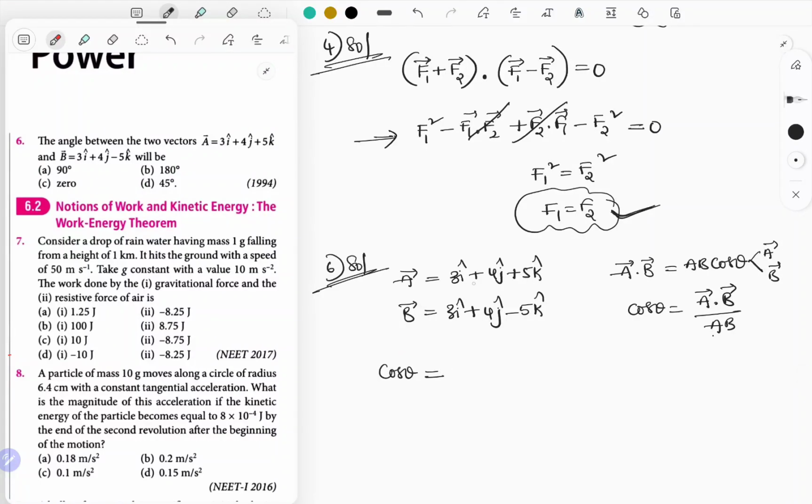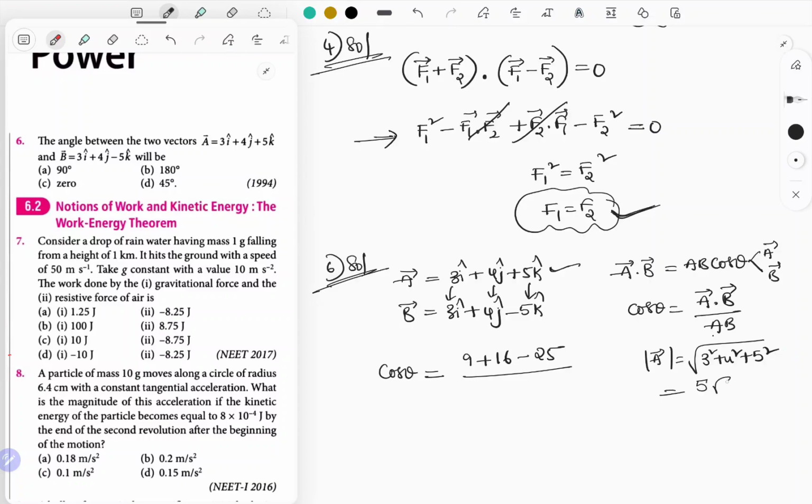Cos theta is equal to, first of all, find the dot product. Multiply the respective i cap, j cap and k cap coefficients: 3 times 3 is 9, plus 16, minus 25, divided by the magnitude of this. The magnitude of the first vector, a bar, is equal to root of 3 square plus 4 square plus 5 square. 3 square plus 4 square is 25, plus 25, it is going to be 2 times 25.